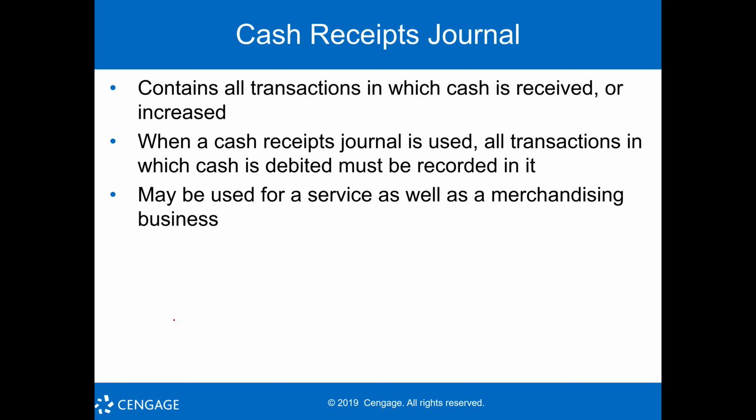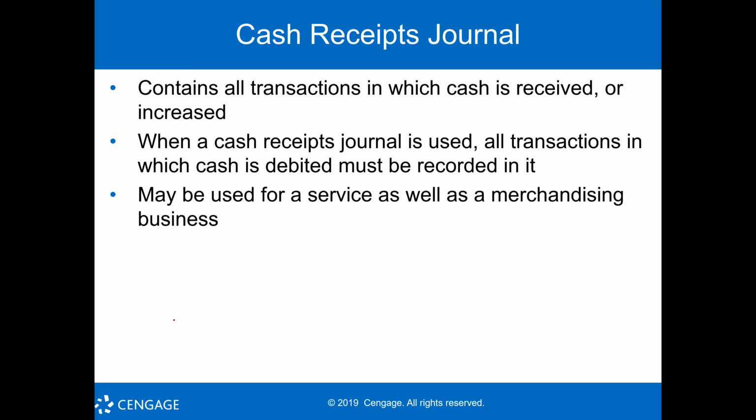Then at the end of the day or the end of the week or the end of the month, whatever the case may be, we take that amount and transfer that one amount to the ledger account. So it saves us from putting multiple cash receipt transactions into the main general ledger cash account.